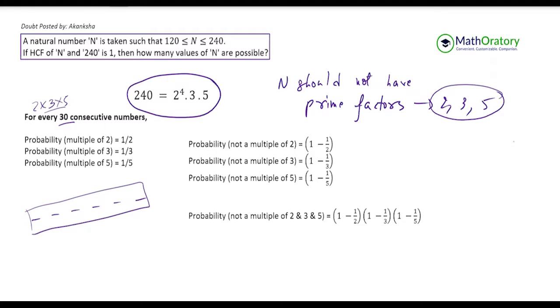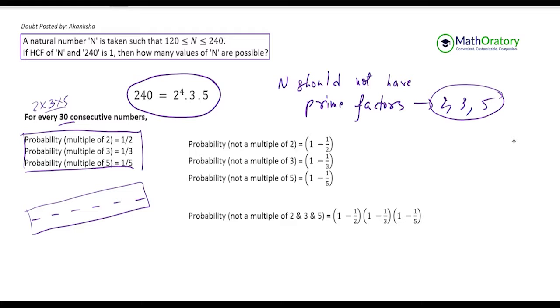So the probability of finding a multiple of 2, 3, and 5 will be 1 out of every 2 numbers, 1 out of every 3 numbers, 1 out of every 5 numbers. Simple enough, right?